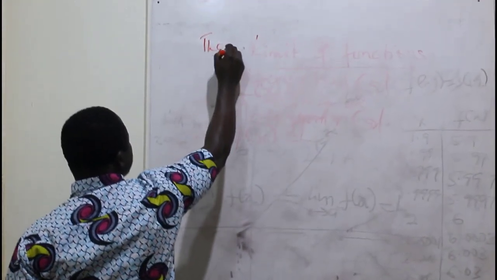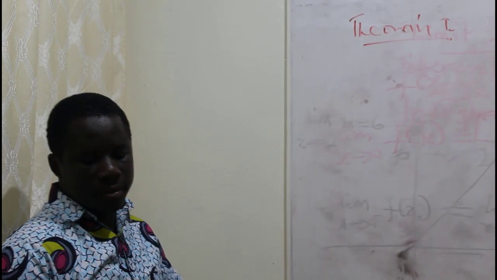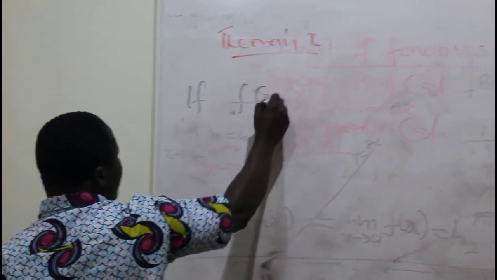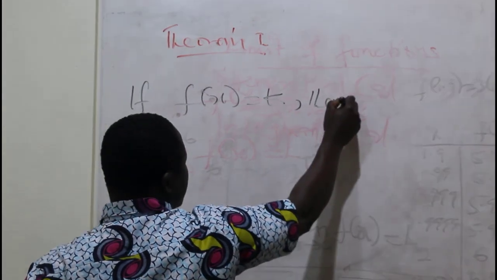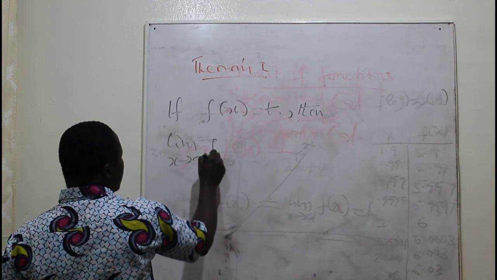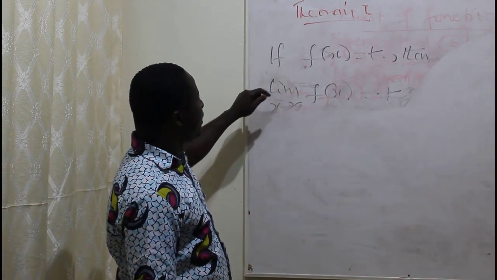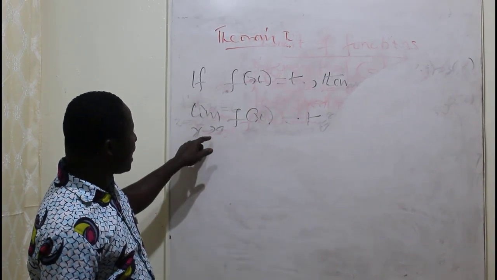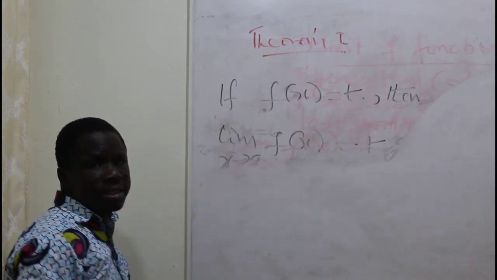Theorem 1. If f of x equals k, where k is a constant, then the limit as x approaches a of f of x is always k.